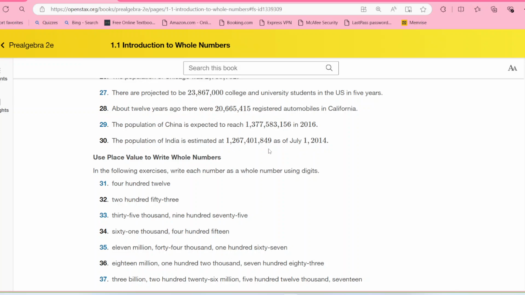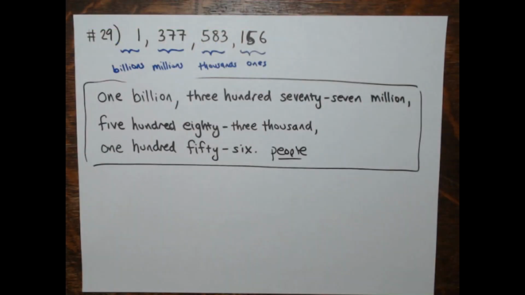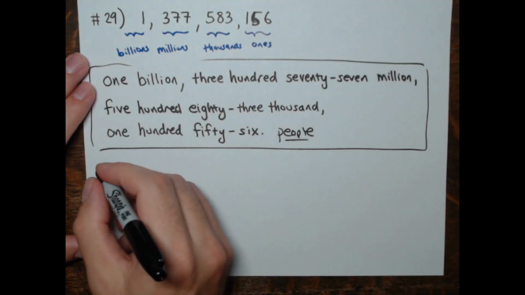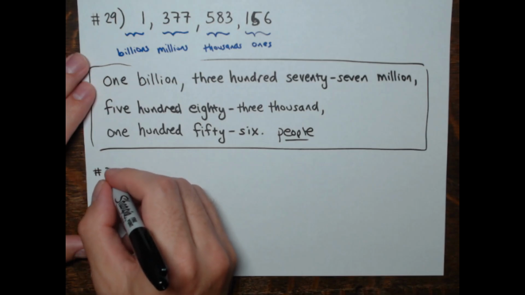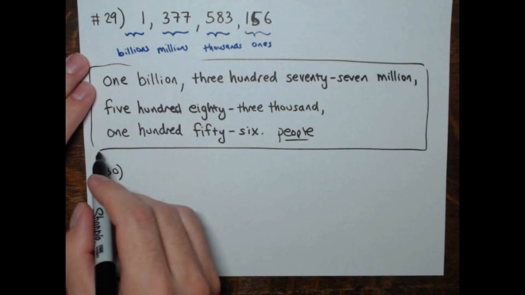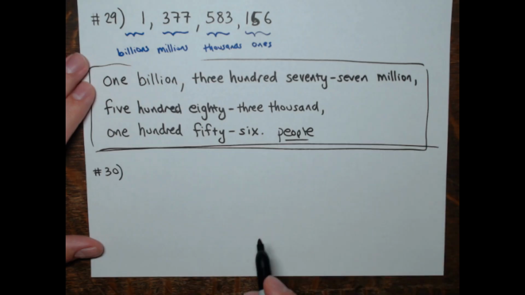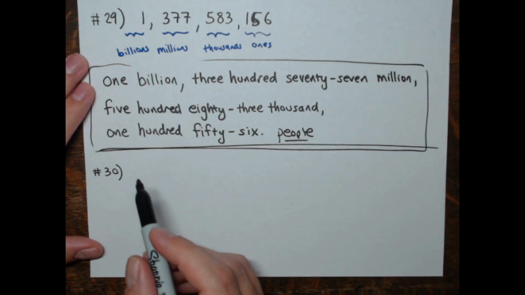Whenever they wrote this, was probably around this date, and that is not important. It's, can you perform the exercise? Can you write these numbers in words?